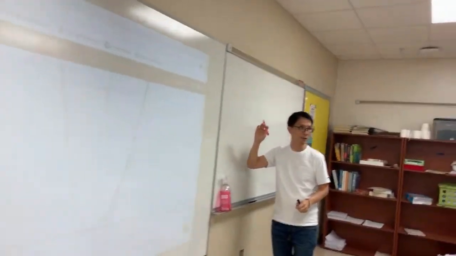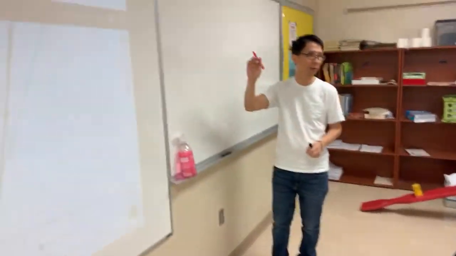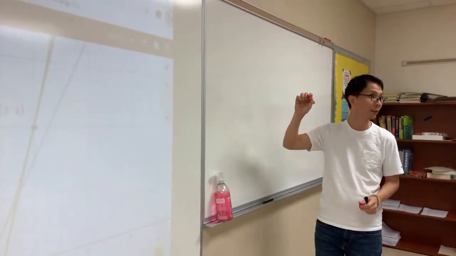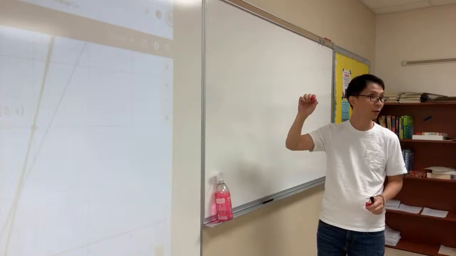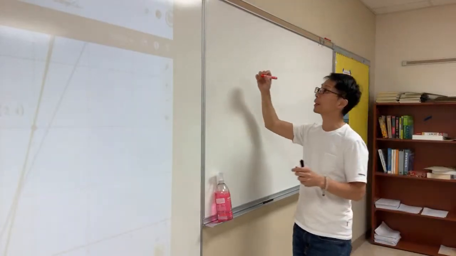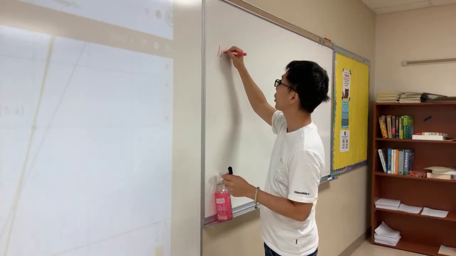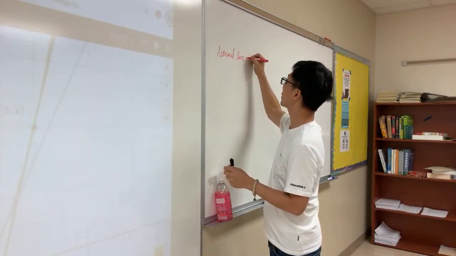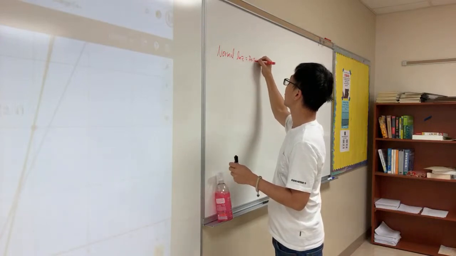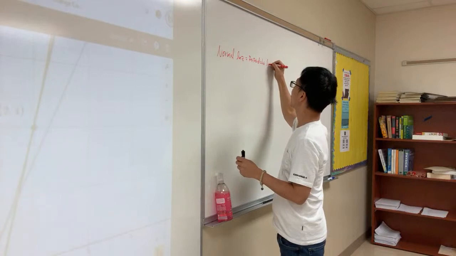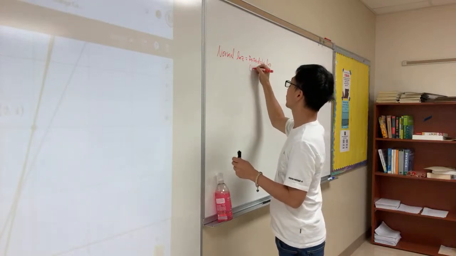Also, do you guys remember what a normal line is besides a tangent line? What's a normal line? Perpendicular line. Make sure you remember that normal means perpendicular, okay? So normal line means perpendicular line, which is the opposite reciprocal.